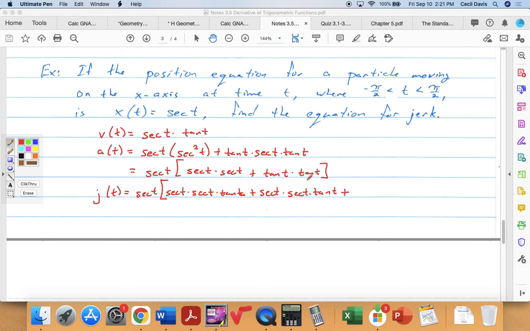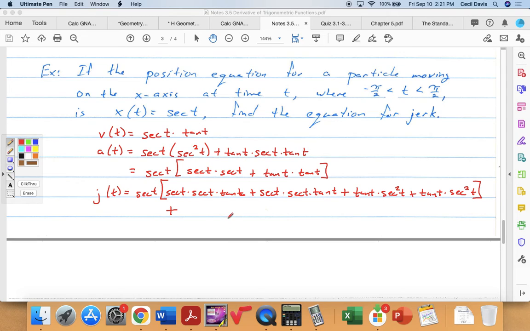Plus, now I get to use the product rule for the second part. I'll keep the first tangent of t times the derivative of tangent, which is secant squared t. Plus now I'll keep the second tangent times the derivative of the first one, which would be secant squared t.